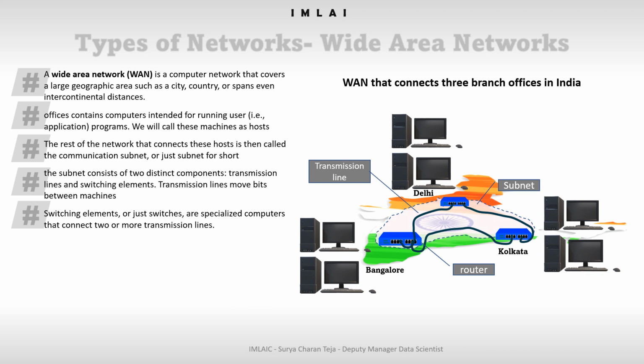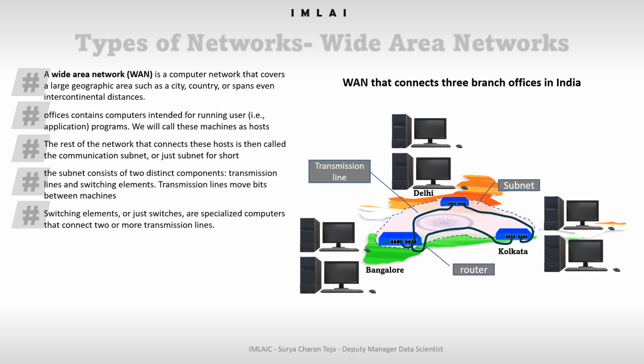Transmission lines move bits of data between machines. They can be made of either copper wire or optical fiber or even radio links, whatever it may be. But their primary purpose is to move bits of data between the host machines.